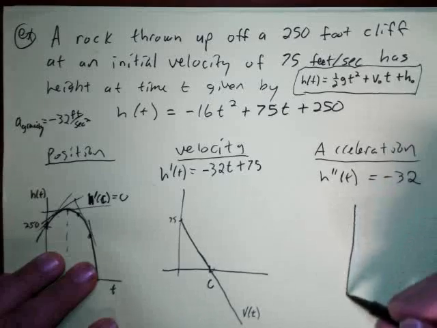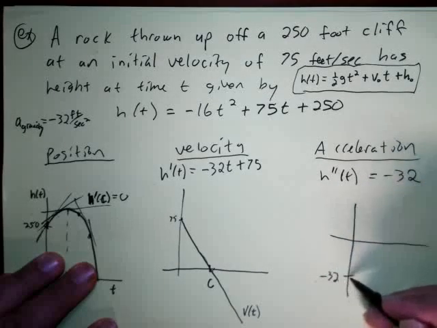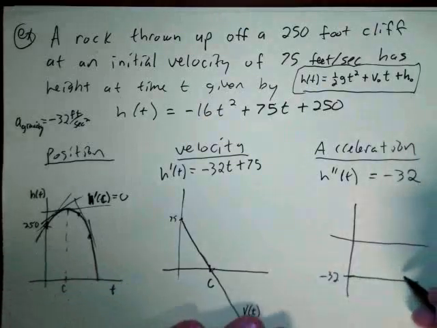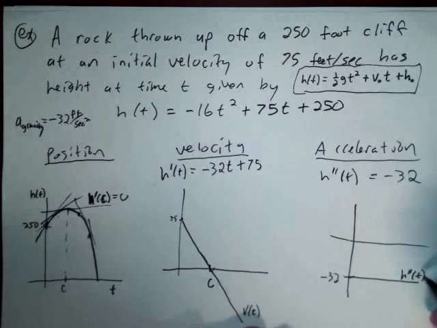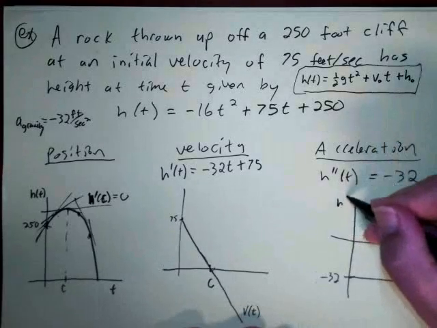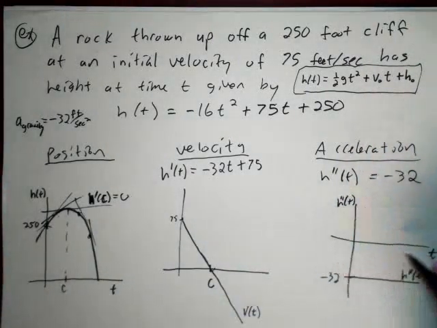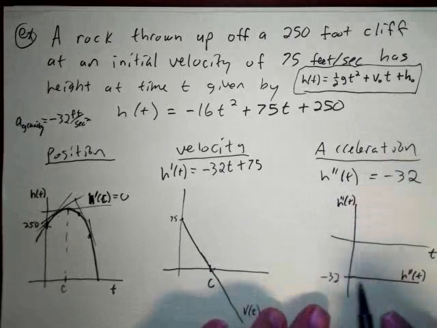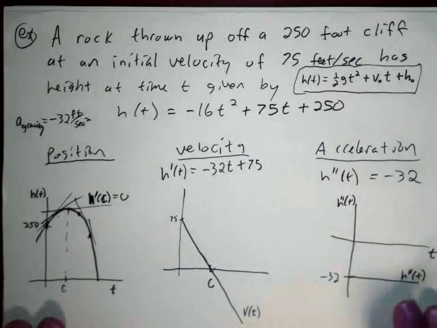So it's like you have negative 32 here, and it's just constant. This is h double prime of t. Oh, sorry. This is the acceleration, and the acceleration is constant in this case.